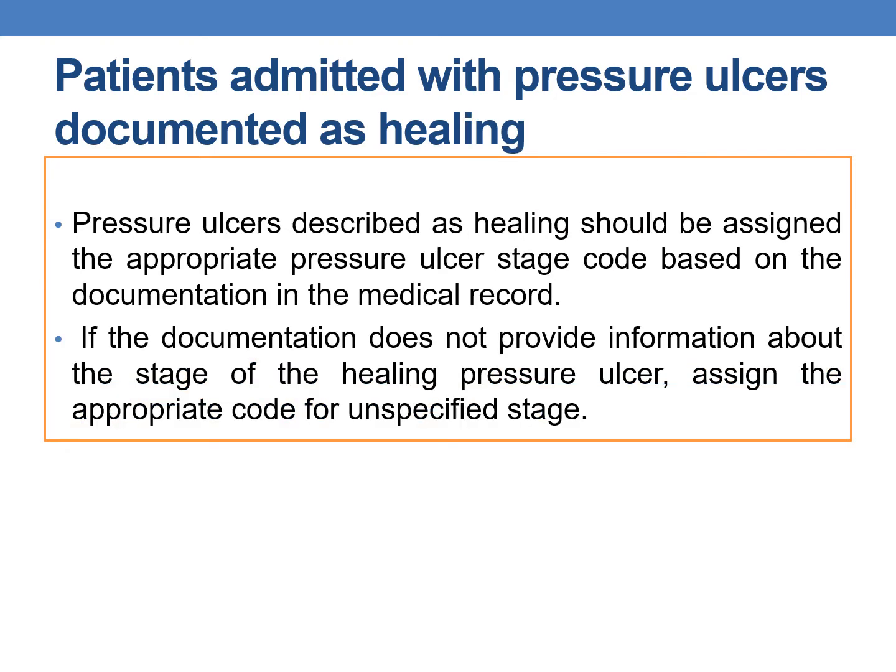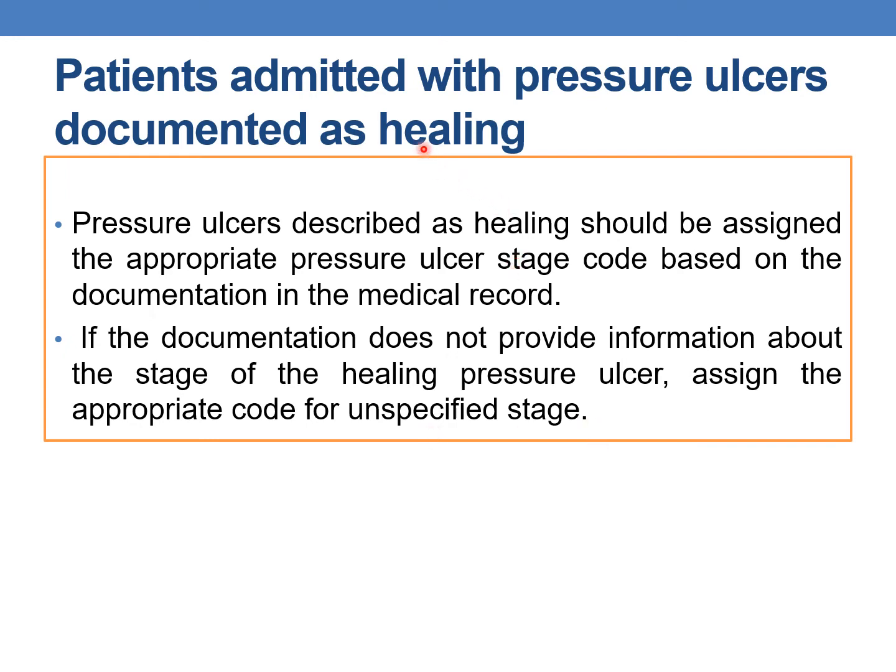Now coming to the next guideline, the patient admitted with pressure ulcer documented as healing. Healing indicates that the ulcer is still present. So you can code the appropriate code. Pressure ulcers described as healing should be assigned the appropriate pressure ulcer stage codes based on the documentation in the medical record. If the documentation does not provide information about the stage of the healing ulcer, assign the appropriate unspecified stage.